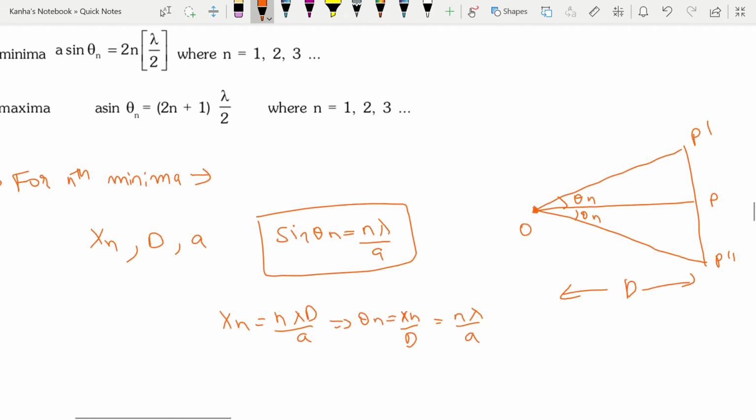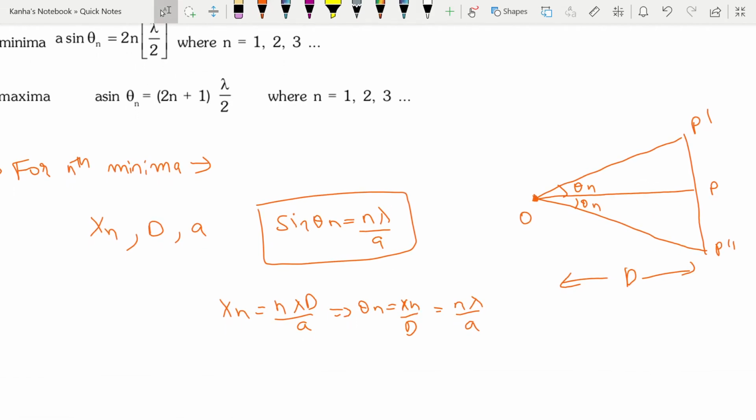So first minima occurs on both sides of the central maxima. For first minima, I have that my distance x is equal to d into lambda by a, and theta is equal to x by d is equal to lambda by a. You can easily get the linear width of central maxima.